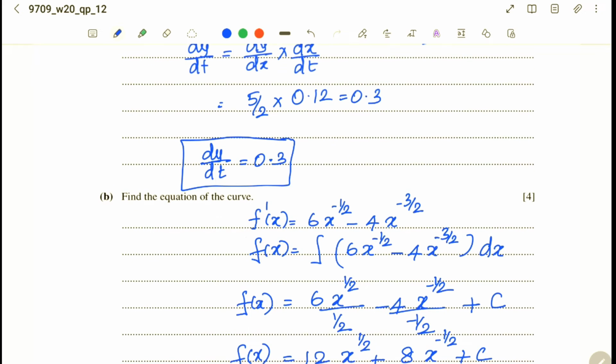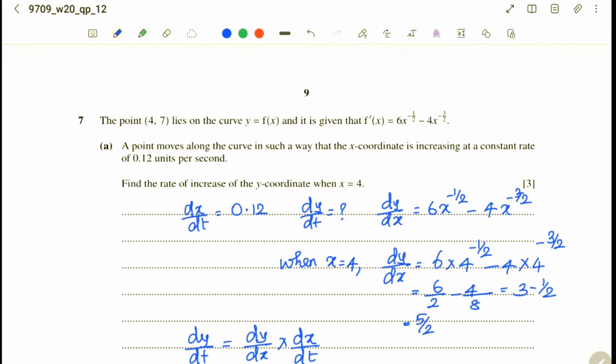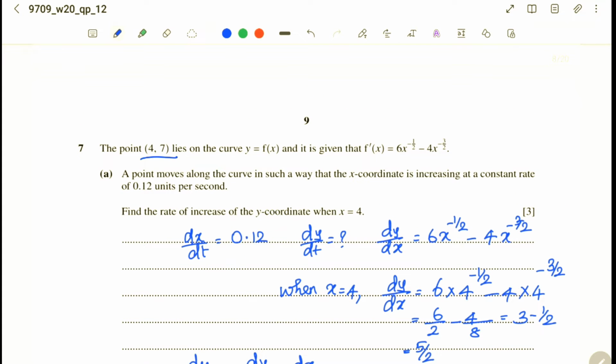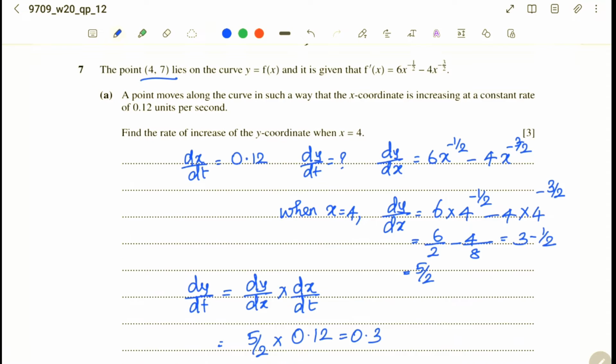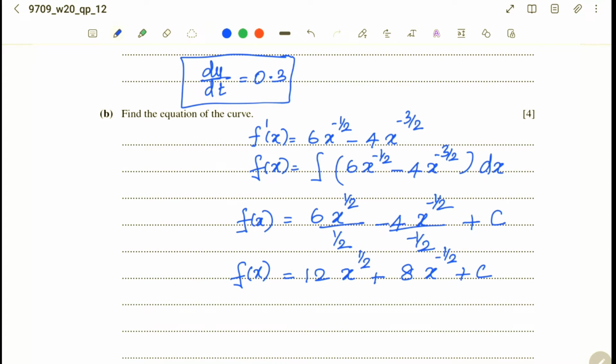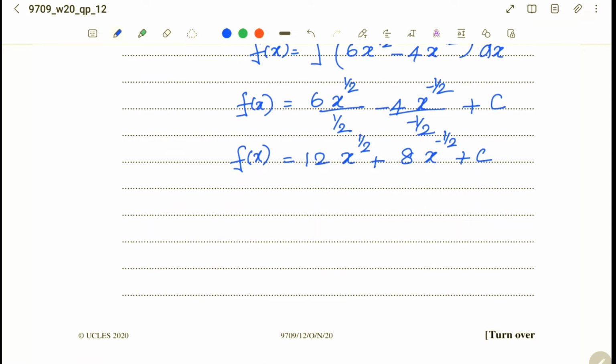It's given that it passes through the point (4, 7). So substitute (4, 7) here. f of x is nothing but y. So 7 is equal to 12 multiplied by 4 power 1/2 plus 8 multiplied by 4 power minus 1/2 plus c.